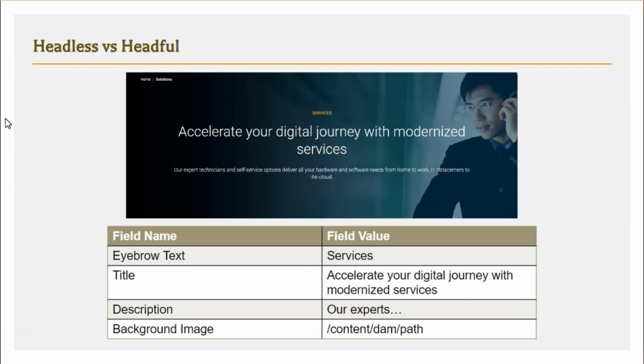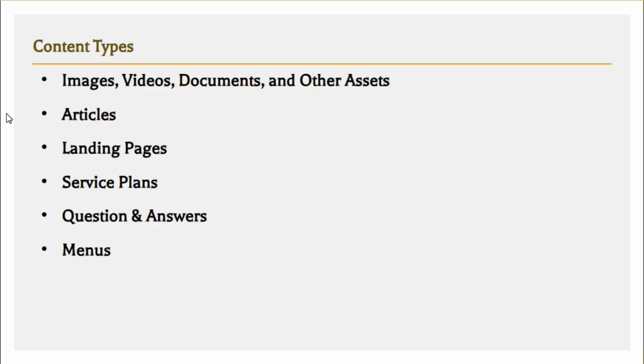Now, having understood that, the first thing we need to do for any headless architecture is content modeling. So what do we mean by content modeling? We'll have to analyze the information architecture, and we need to work with the UX designers to understand what all content we want to present in various devices.